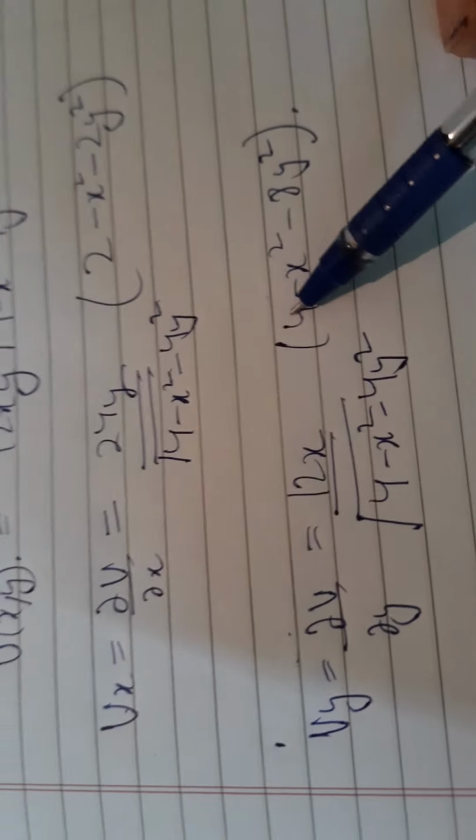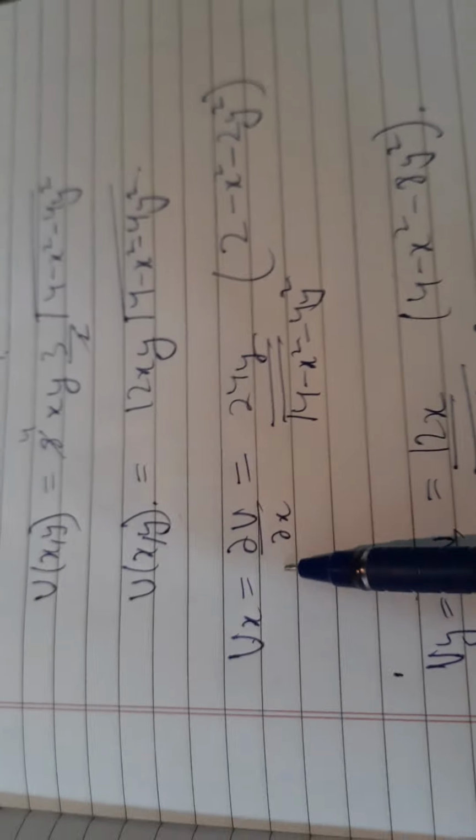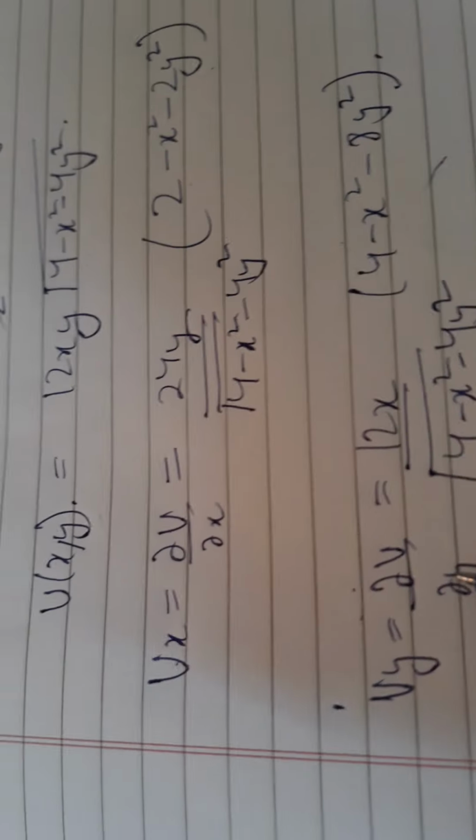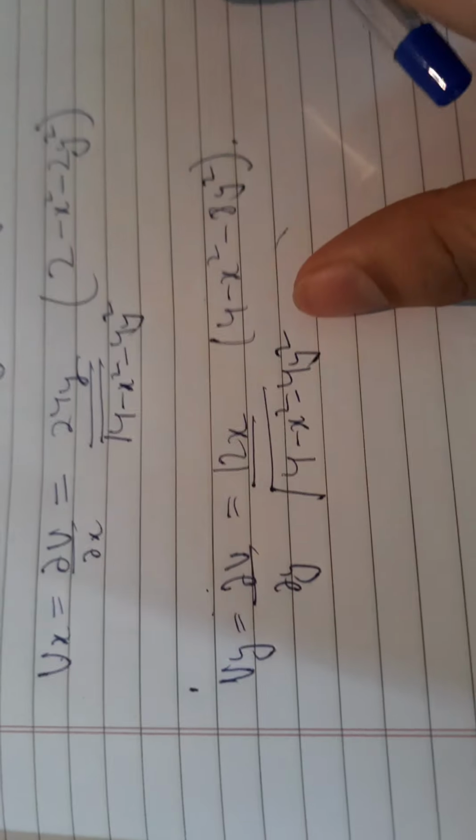These are the two partial derivatives we get if we partially differentiate with respect to x and with respect to y. So now to find the critical points, we put Vx equal to 0 and Vy equal to 0.